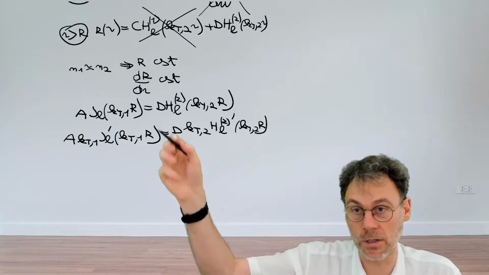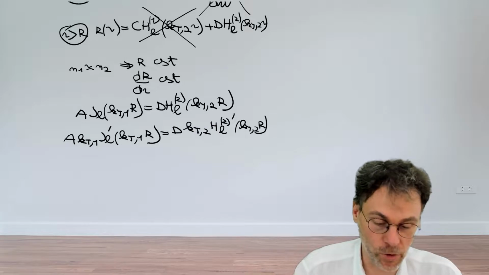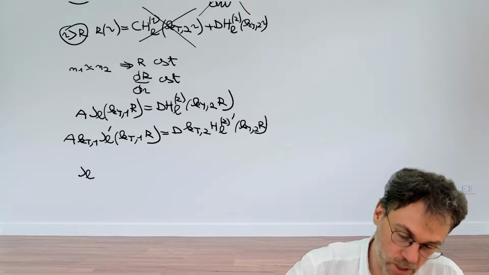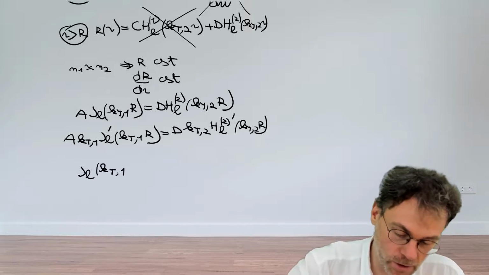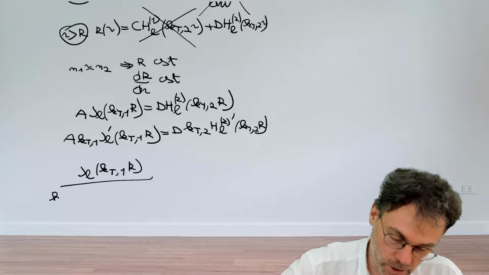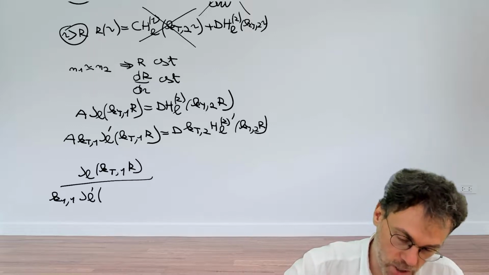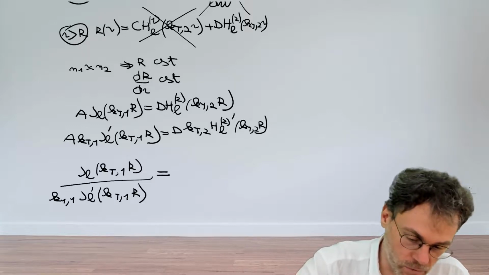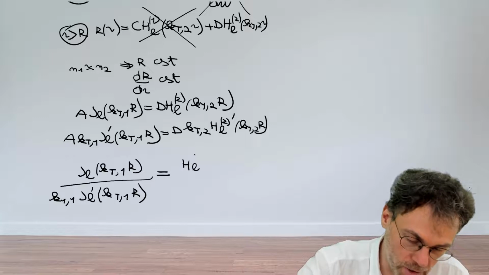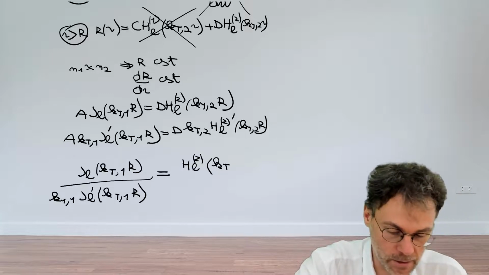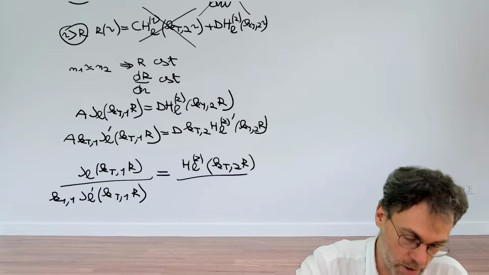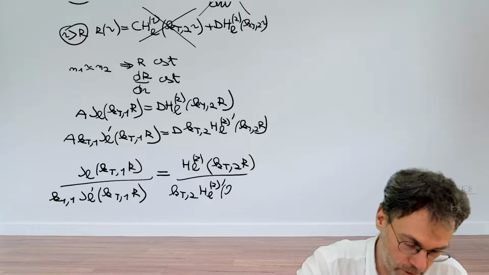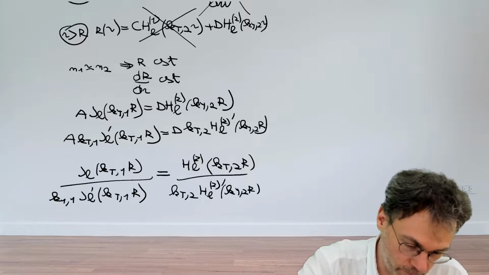So you can just divide these two and then impose that the result is equal. If you divide the left-hand side, then you have J_L(kt1 R) divided by kt1 J_L prime(kt1 R). And for the right-hand side, we have H_L2(kt2 R) divided by kt2 H_L2 prime(kt2 R).